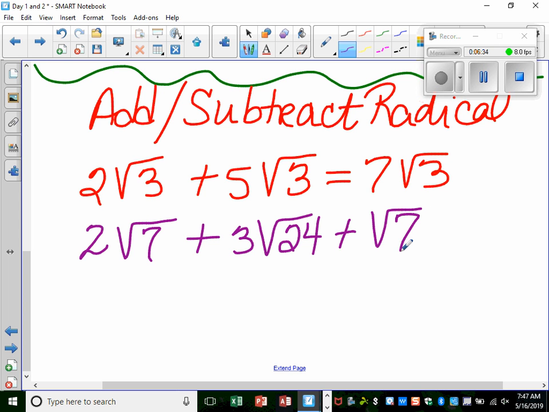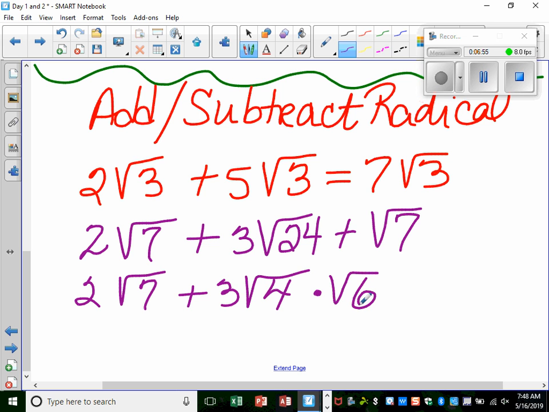What I notice first is 24 is not in simplest form, because it has a perfect square in it, 4. You'll be able to use calculators, but if I do this by hand, I'm going to break down the 24 to 4 times 6.